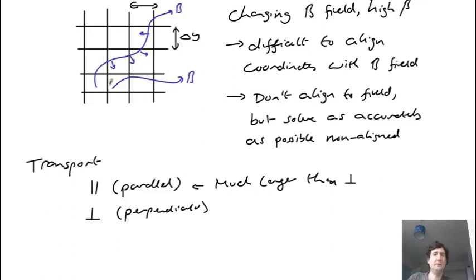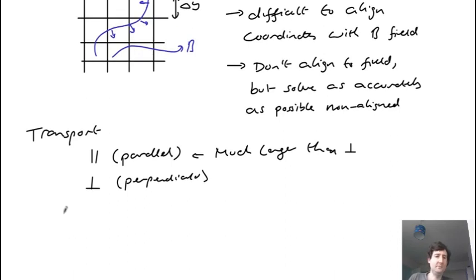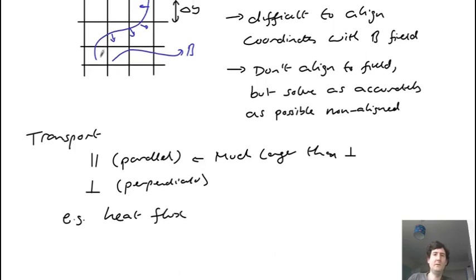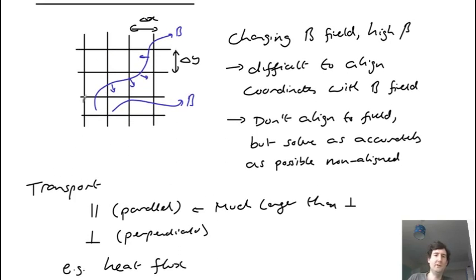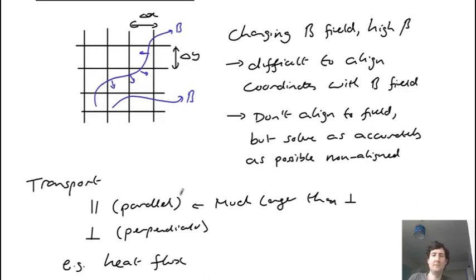And so things like heat flux can be many orders of magnitude higher along the field. So if we have a high temperature here and a low temperature here, the heat flux along this field is very hard to model accurately when you have a grid like this.